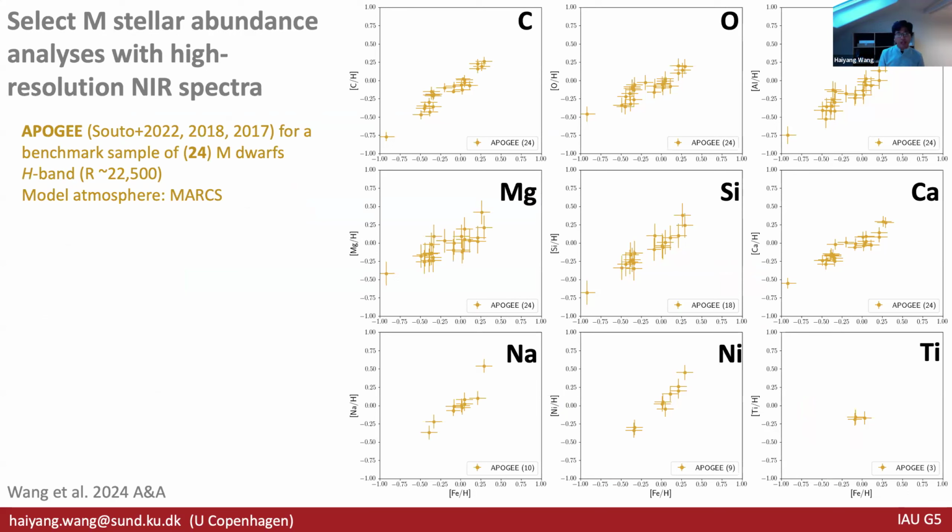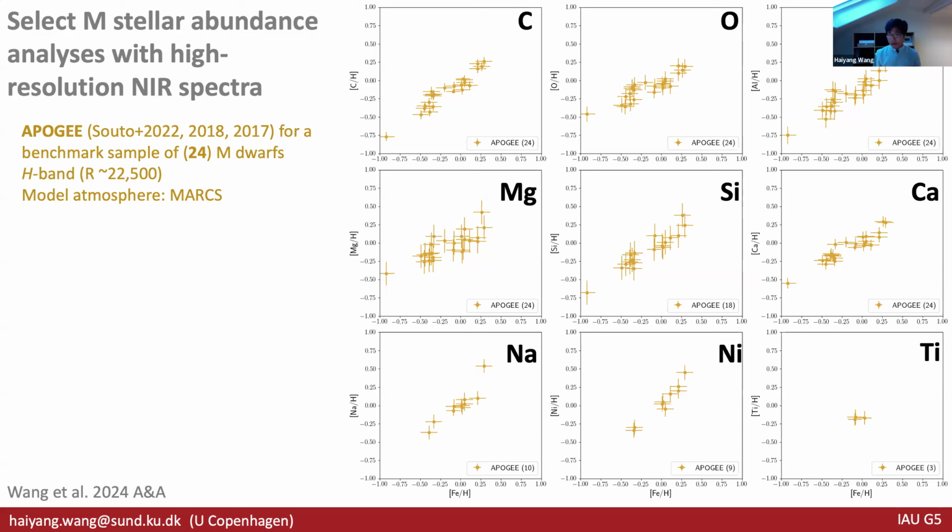Here is the sample of 24 M dwarfs analyzed in the H band with the MARCS model atmosphere. And here I show the Na and Mg pair of elements versus metallicity. By the way, these are the most interesting and important ones for understanding rocky planetary properties.